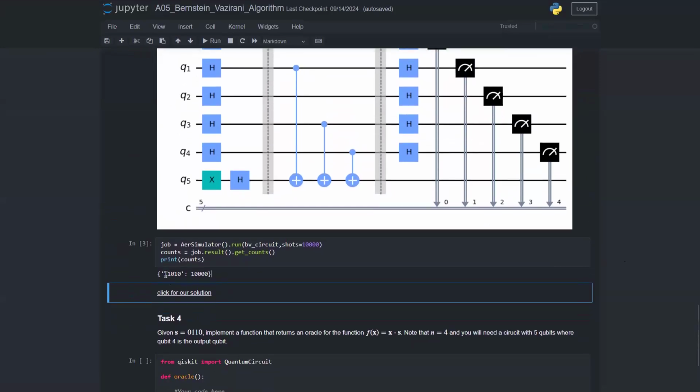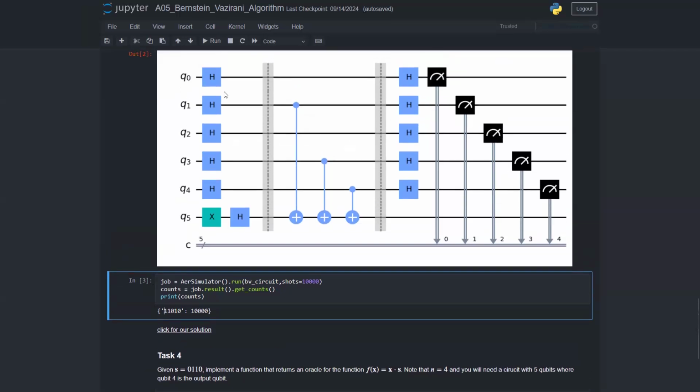What we're getting is the secret string S being 11010. So where do we have the chances of getting common ones with any other X? Only on S1, S2, S4.